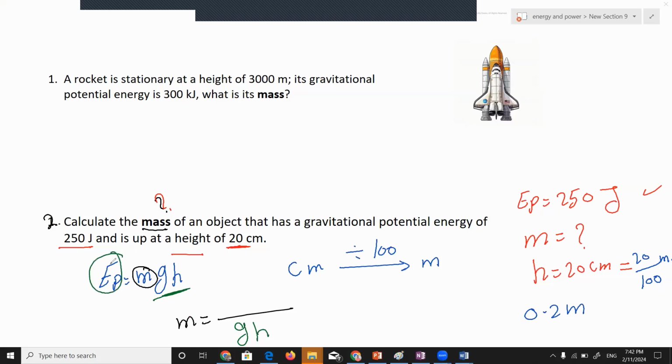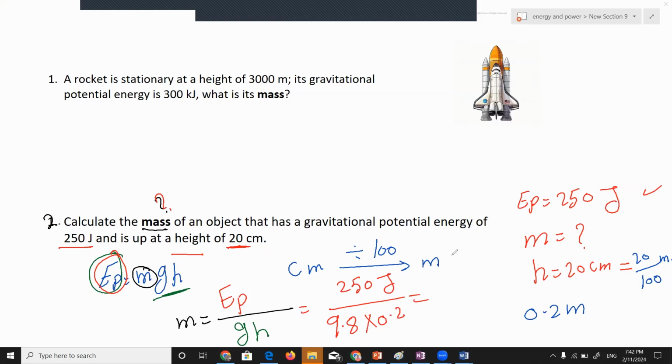So the gravitational potential energy will be up this way. It's actually 250 joule, so there is no need to convert anything. Then g is 9.8 or 10, then the height, which is 0.2. You can't use it in centimeter, you need to convert it.